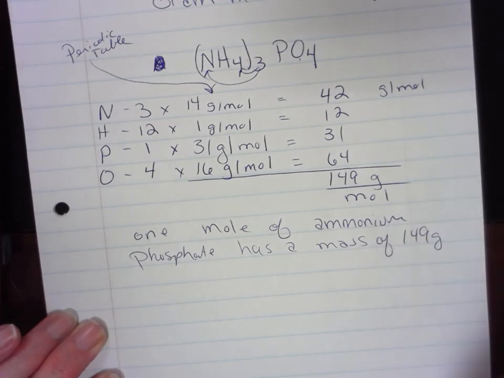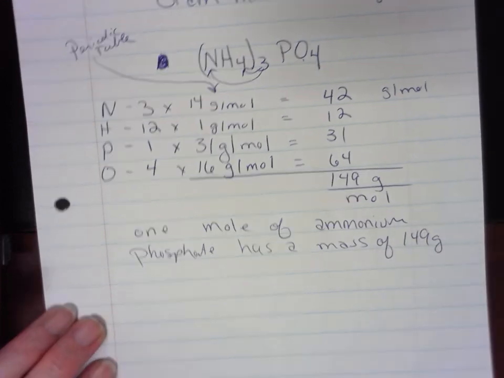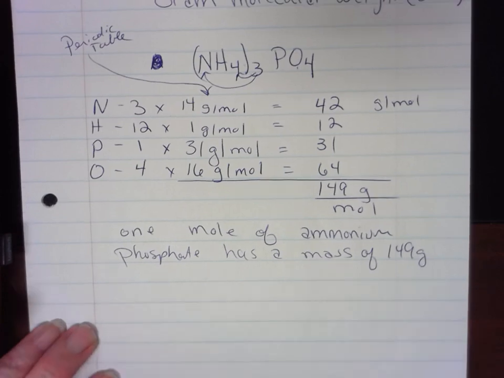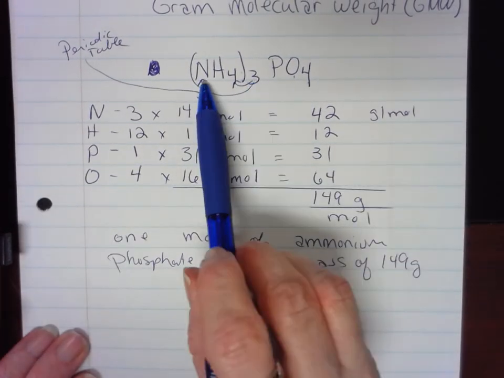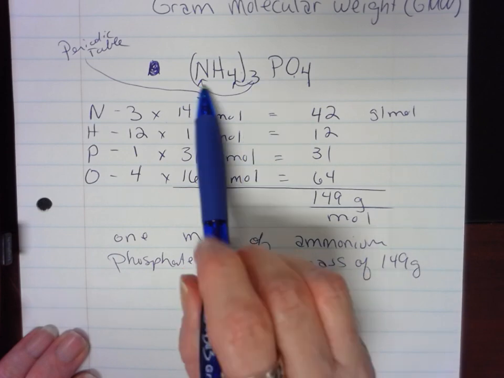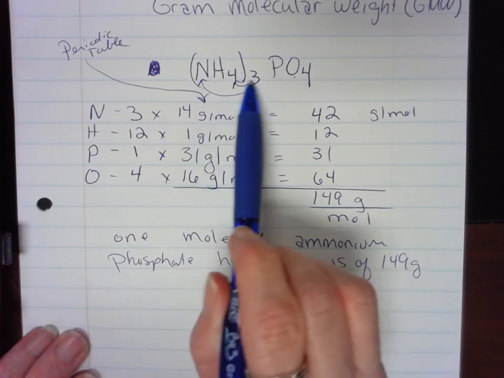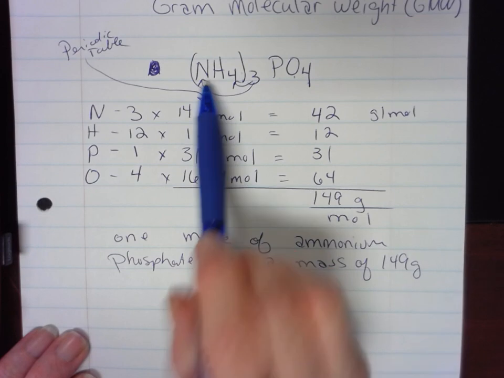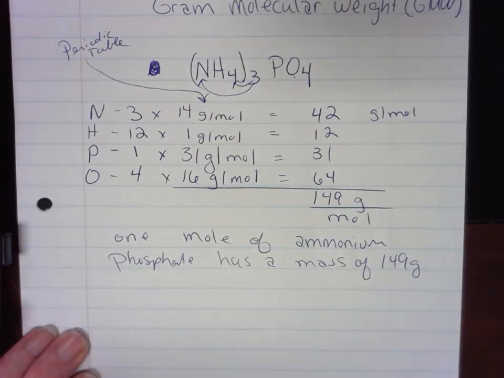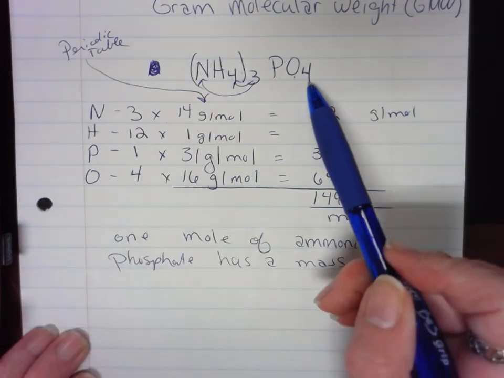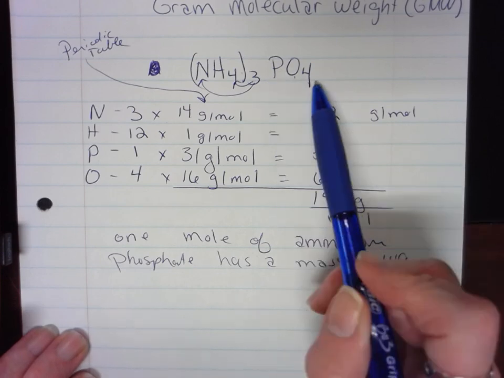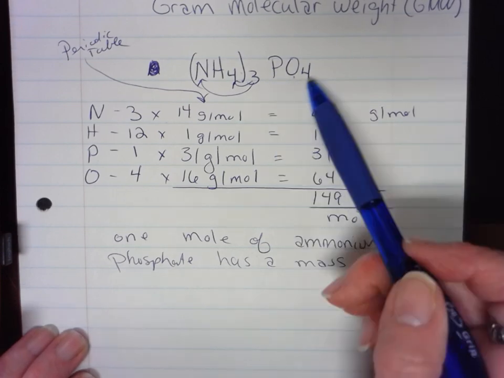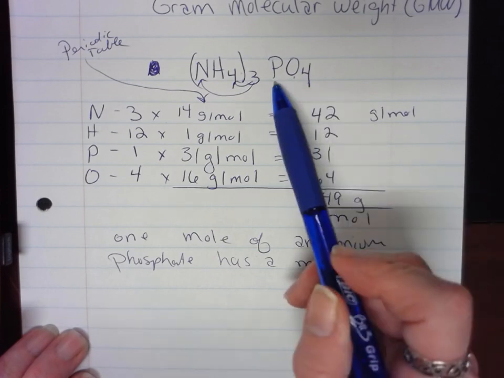Number one mistake that people make is that they forget to multiply outside the parentheses. So there's 1 nitrogen, and they forget to say 3 times that 1 right there. Or another mistake is that they see the 4 on the PO4, and they say 4 phosphates, 4 phosphoruses. You do not have 4 phosphoruses. You only have 1.